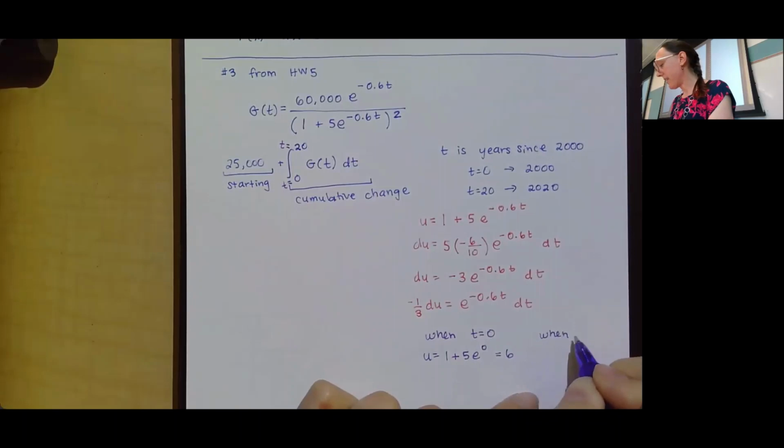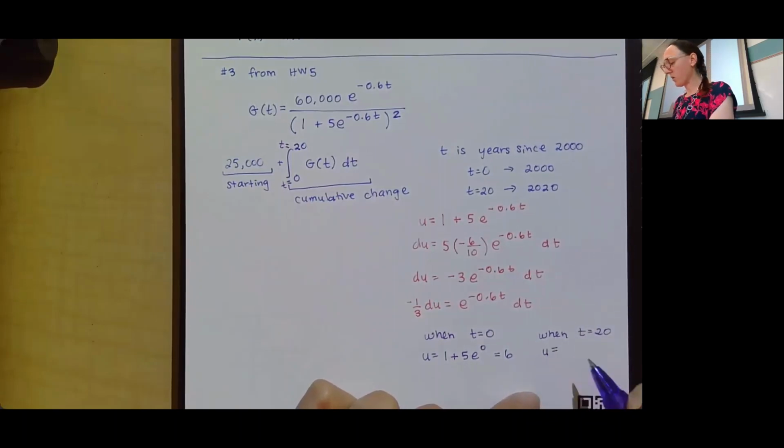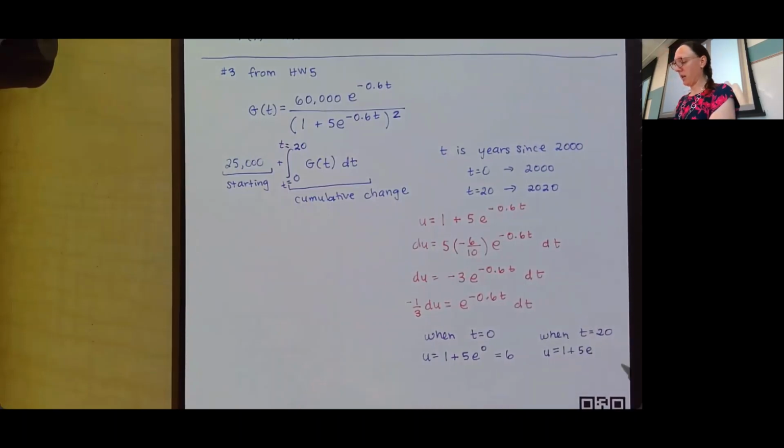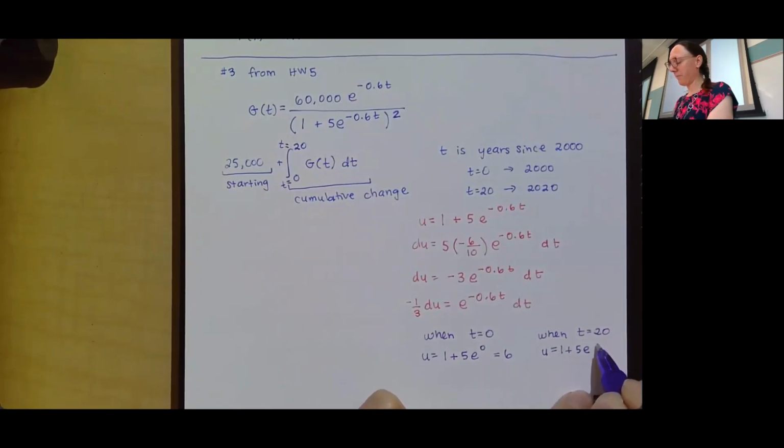And when t equals 20, u is equal to 1 plus 5e to the negative 12, since 60% of 20 is 12.